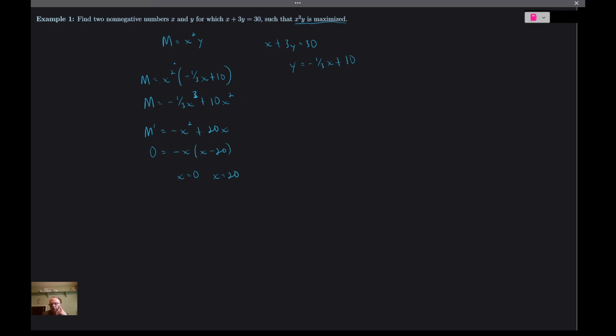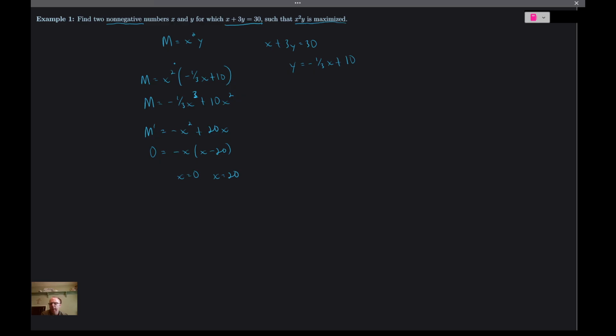Now, the other thing is, if you remember from the last video on absolute extrema, when we're finding the absolute maximum or absolute minimum, we also have to consider the endpoints. So what are the endpoints of this? Like, what's the domain of this problem? Well, we know that x and y are non-negative, and we know that x plus 3y equals 30.